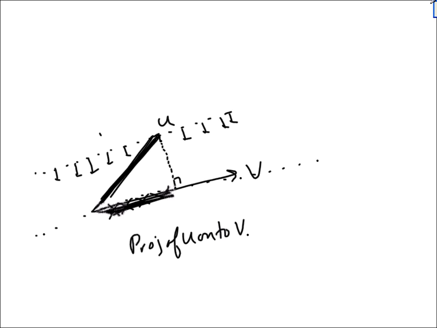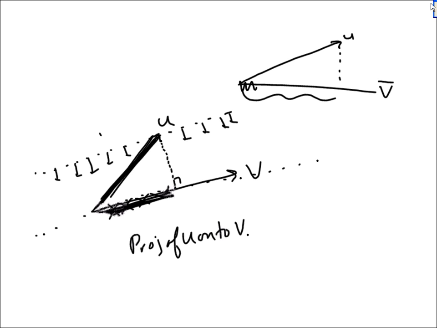It's probably better to think of it as horizontal. Here's U, and here's V. The projection would be this portion. That would be the projection of U onto V. Now you may say, but wait a minute, what if U happens to be a lot longer?